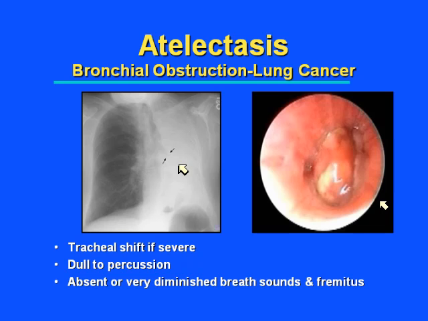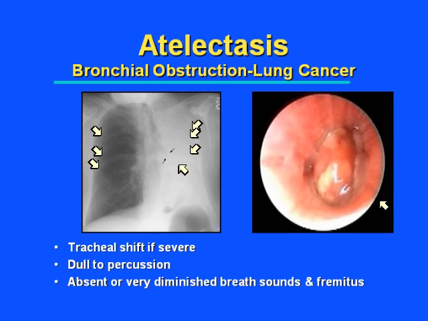If you look at the chest X-ray, the right lung over here, the good charcoal-colored black lung, is well aerated, and you can see how that would have good normal breath sounds. But if you listen over this part of the chest, there is no air going into that lung.